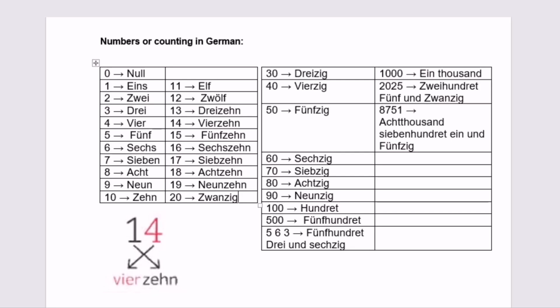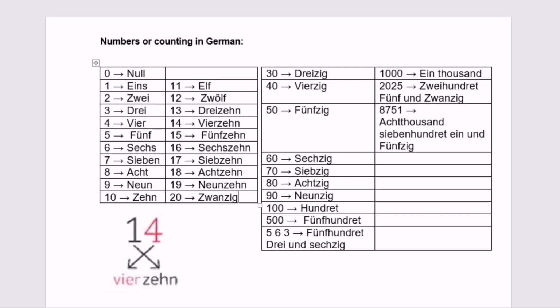Then we have 20. Okay, after that, if we talk about 21, 22, it will be just like here in the example, it will be opposite. First we are going to say the second word, and after that we are going to say the first word. Like here it's 14, but first vier and after that zehn.